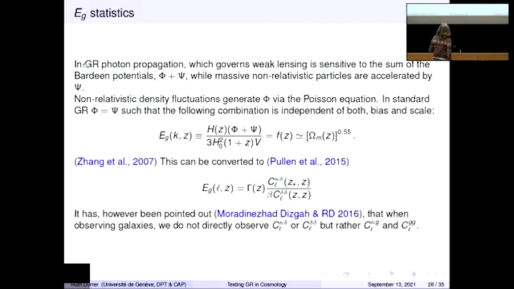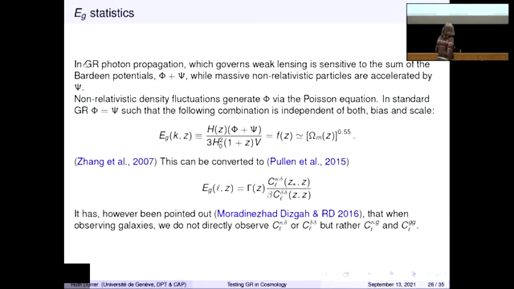People have studied in 2007 already how one could isolate the sum of the gravitational potentials. And you see, if we have general relativity, we find that the sum of these gravitational potentials is a potential for the Weyl tensor, and photons should only be sensitive to this sum of the gravitational potentials.